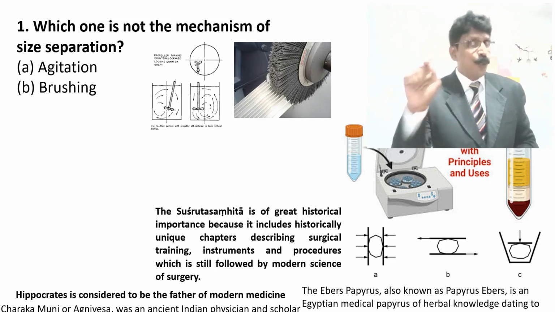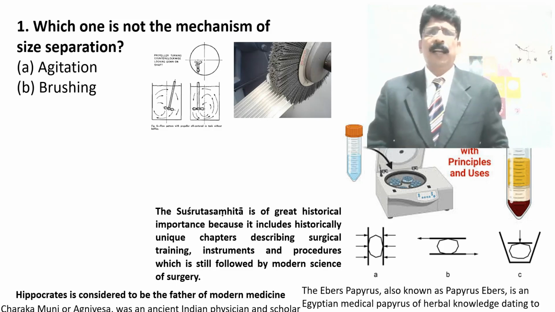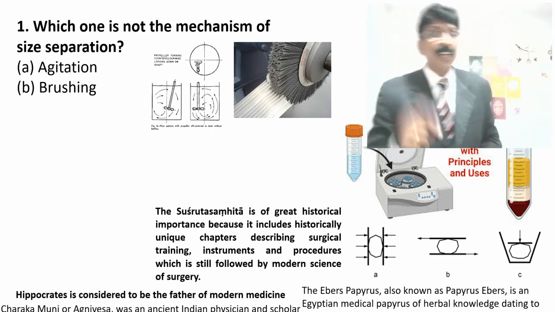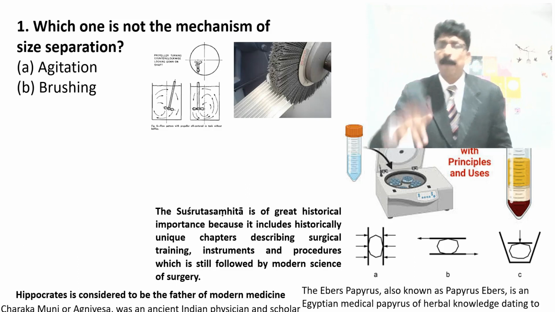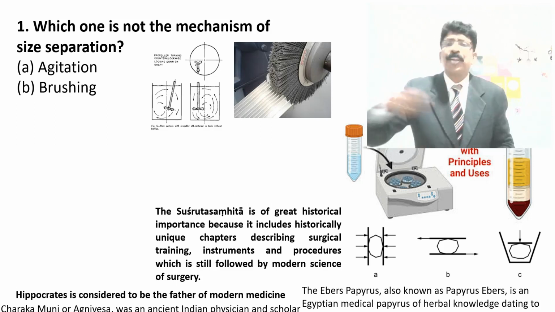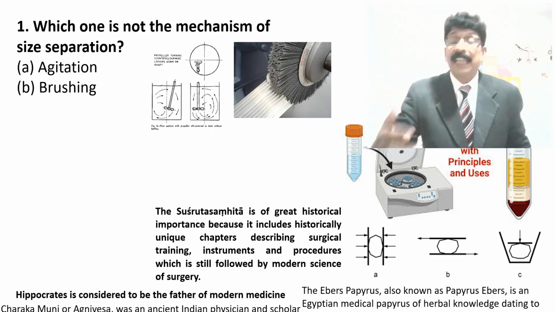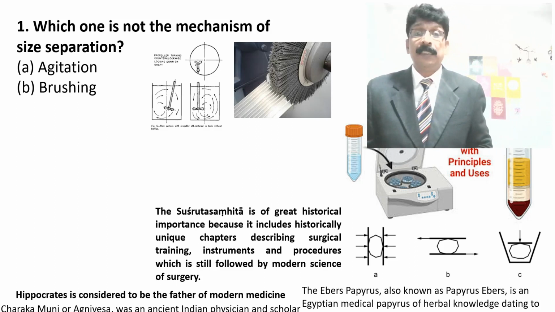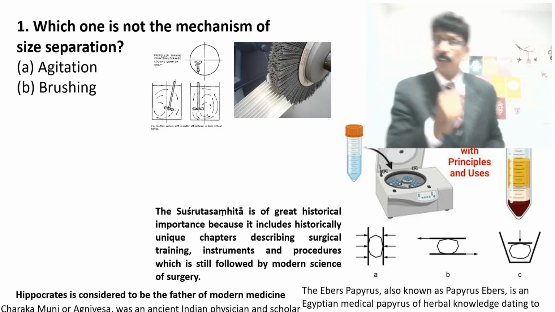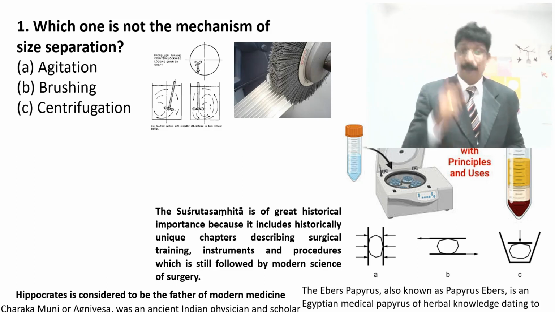So it has some impact in that. And brushing in a sieve: keeping the material, using a brush over it, facilitates separating the size of material which is already size reduced. So it is also a mechanism of size separation.